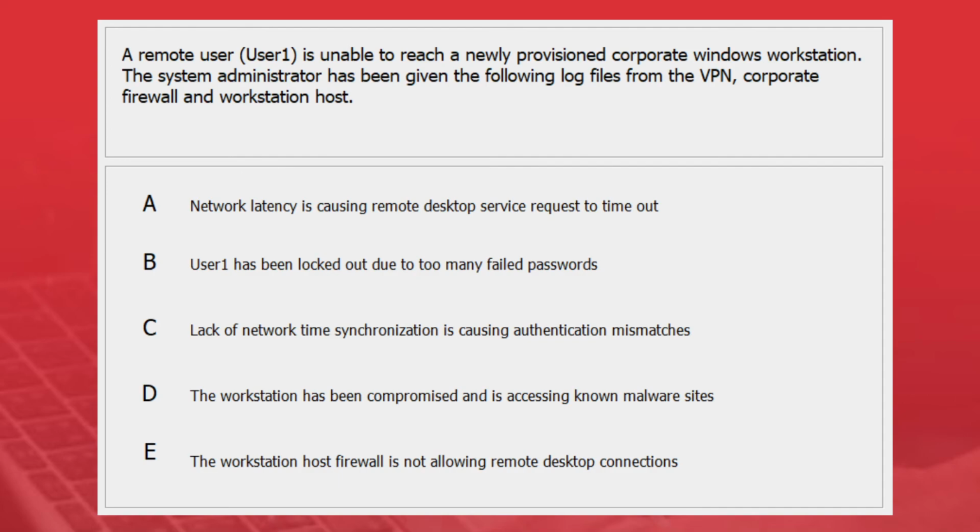C. Lack of network time synchronization is causing authentication mismatches. D. The workstation has been compromised and is accessing known malware sites. E. The workstation host firewall is not allowing remote desktop connections. The correct answer is E.